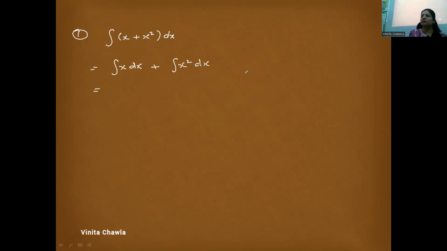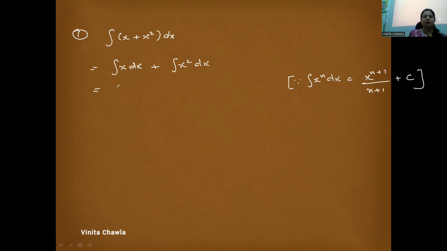Which formula will we be using here? Tell me. x^n dx, right? x^n dx is x^(n+1) upon n+1 plus c. We will use this formula to solve this.